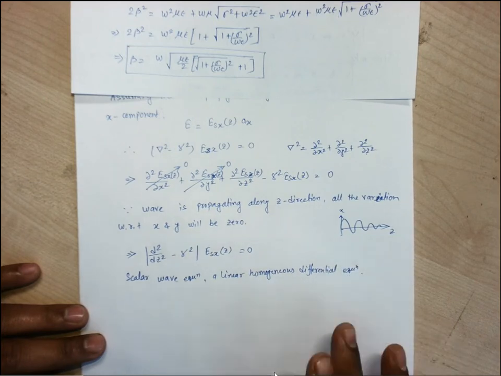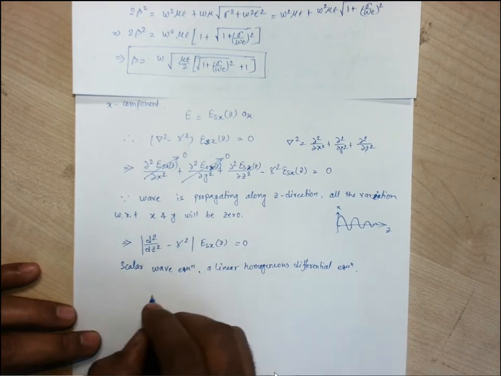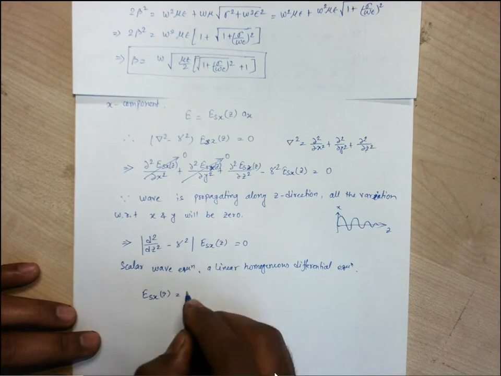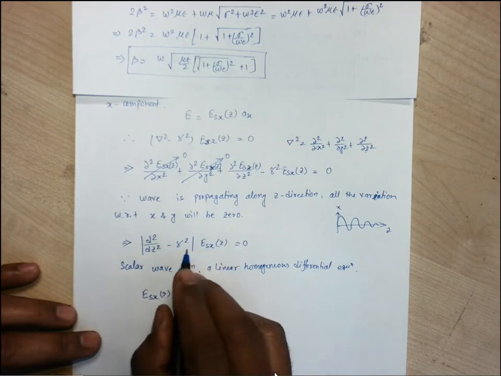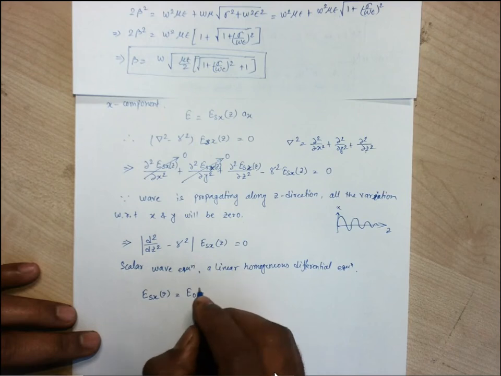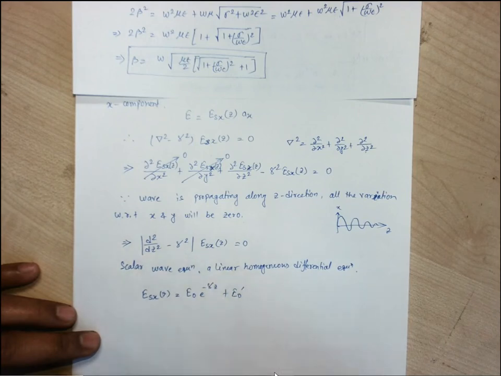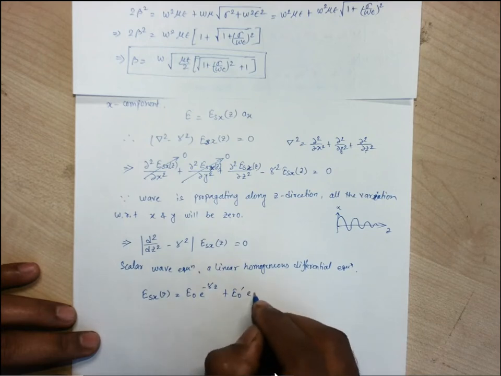So we can easily find out the solution for this. This one is ESX(z). It is E0, gamma is there, so e to the power minus gamma z plus E0 prime, another constant, e to the power gamma z.